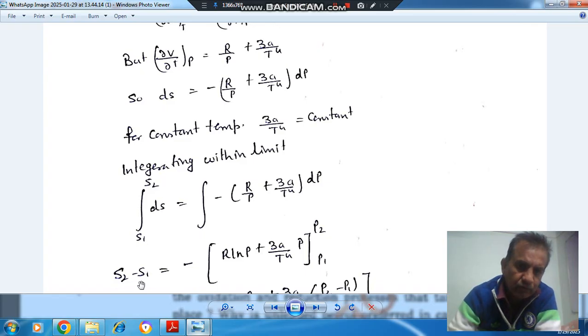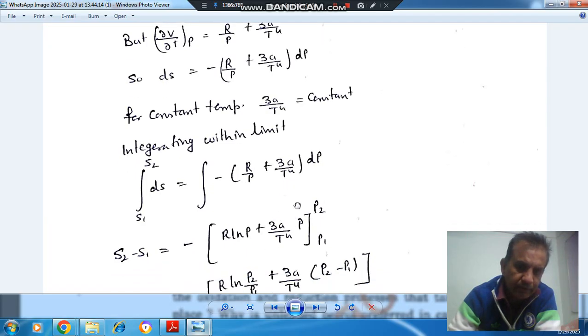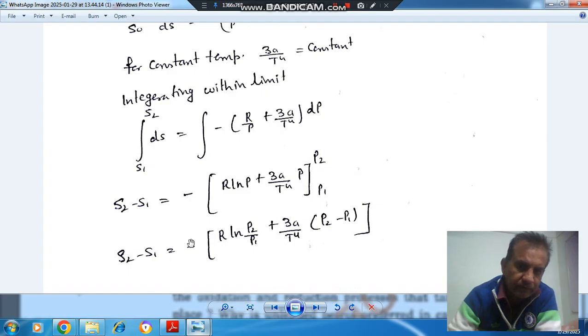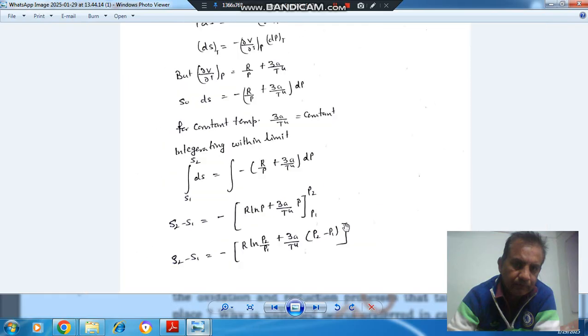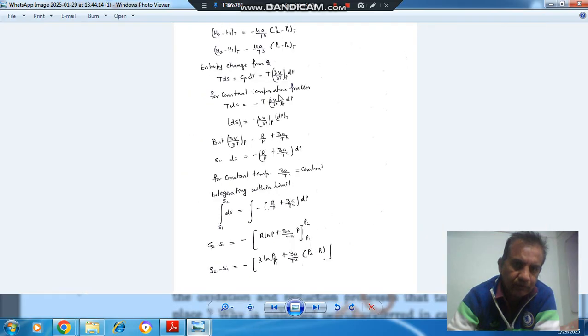It will be S2 minus S1, and here if we integrate we get minus R ln P, and the constant term times P. Putting the limits, we get this expression for entropy. So that is the answer: R ln (P1 by P2) plus 3A by T4 (P1 minus P2). So this is the first proof, and this is the second answer.